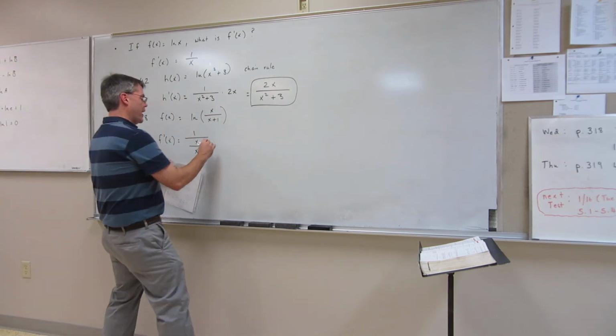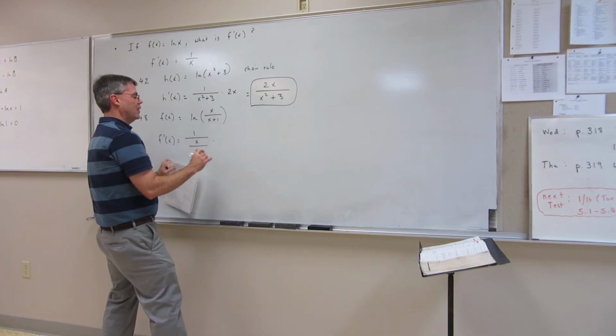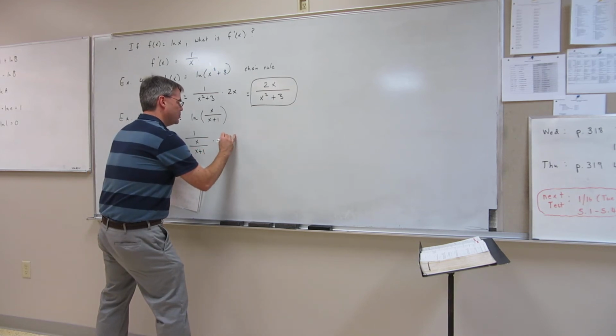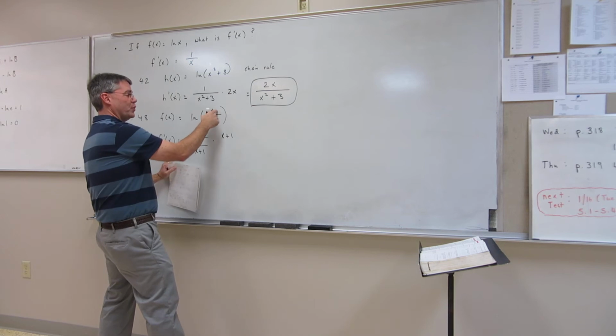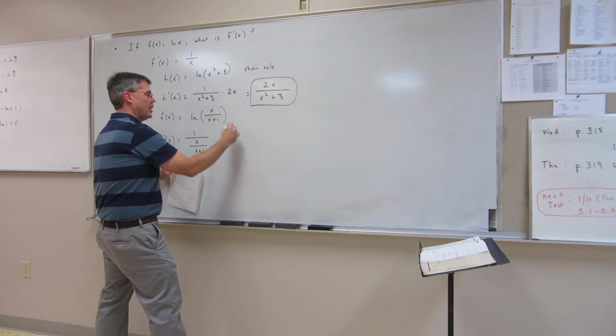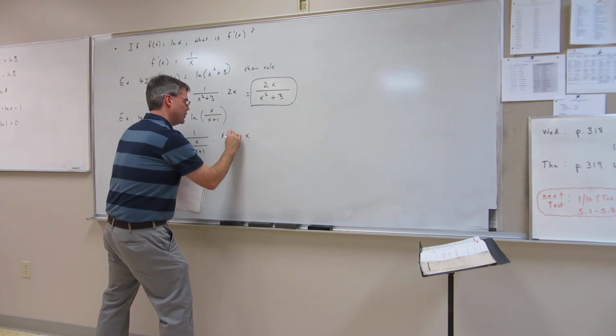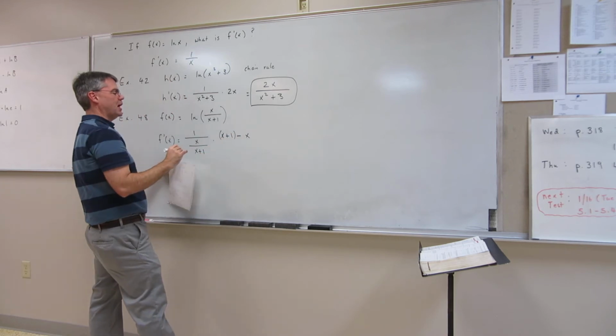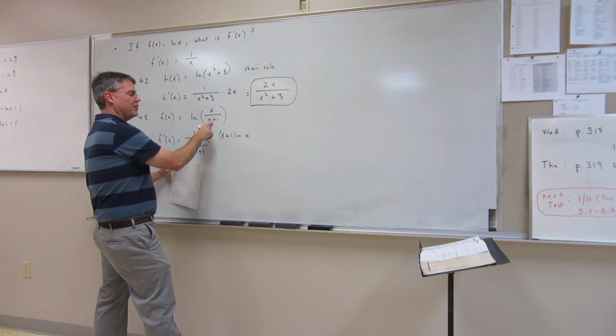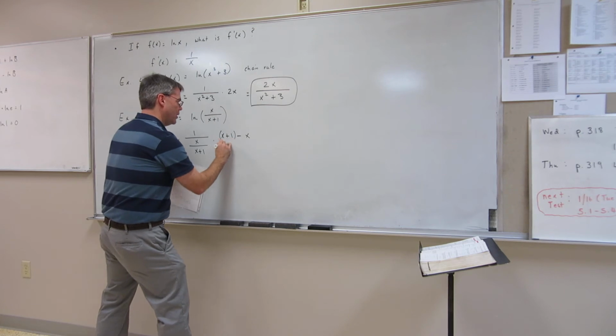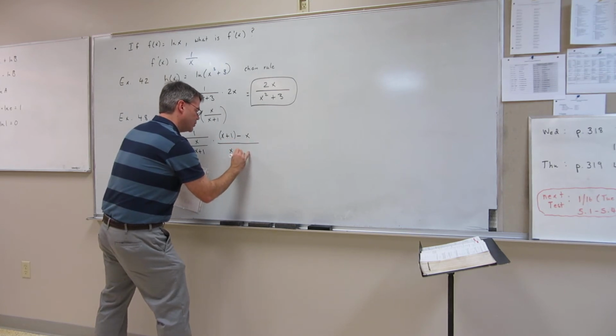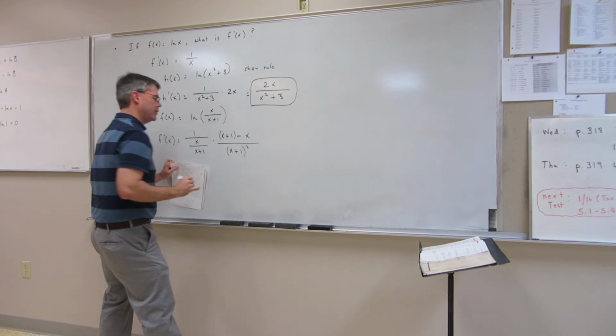Okay, so that would be times the bottom, x plus 1, times the derivative of the top, which is 1, minus the top, x, times the derivative of the bottom, which is 1, all over the bottom, x plus 1, all squared.